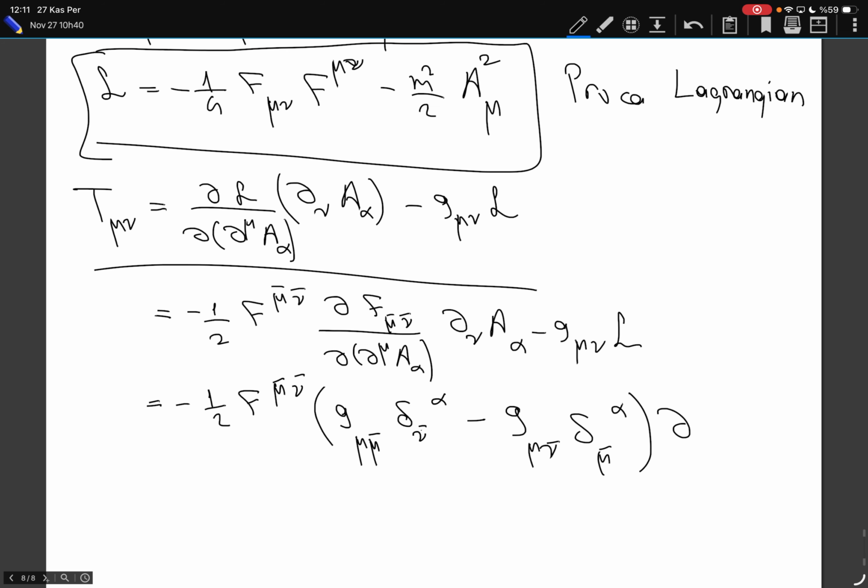Del nu A alpha minus G mu nu L. Let me move this alpha upward, so the other alpha will come down, but then it becomes the metric.